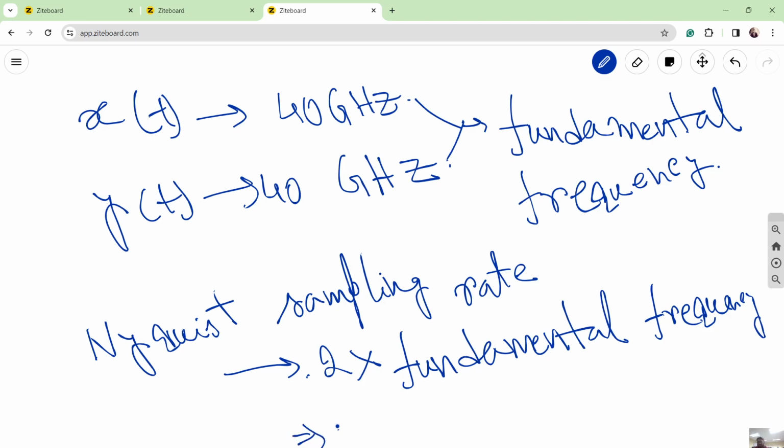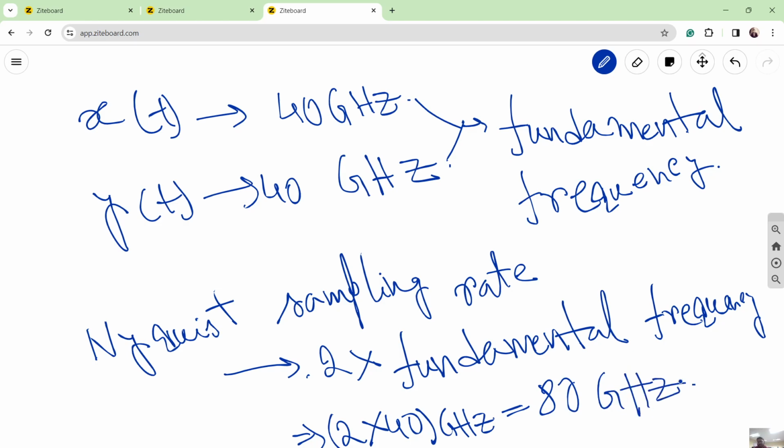So that is 2 into 40 gigahertz. This is equal to 80 gigahertz. Okay. So this is the answer.